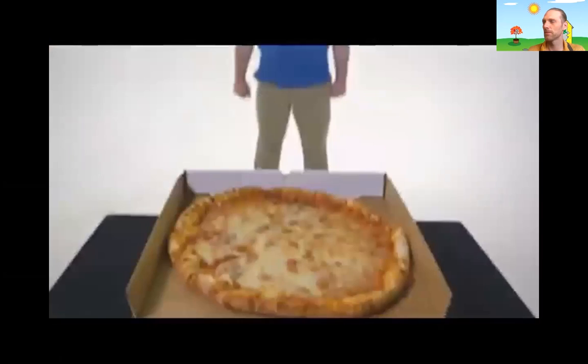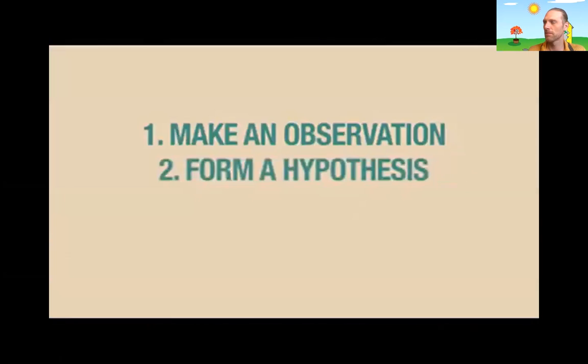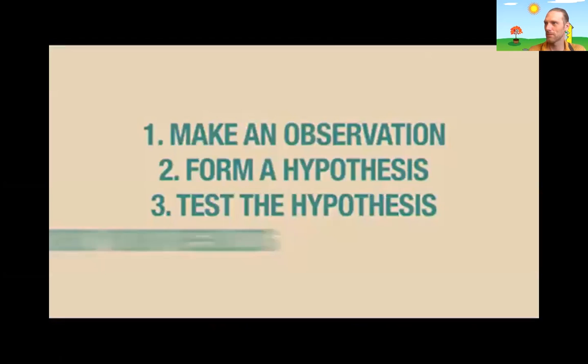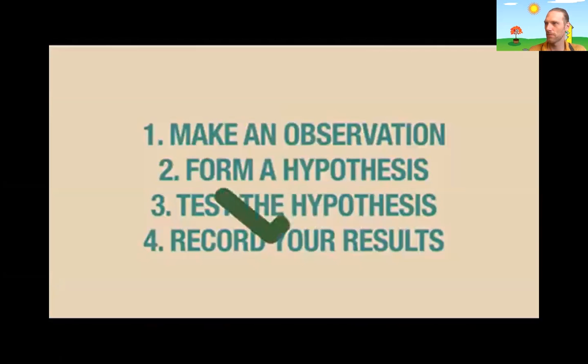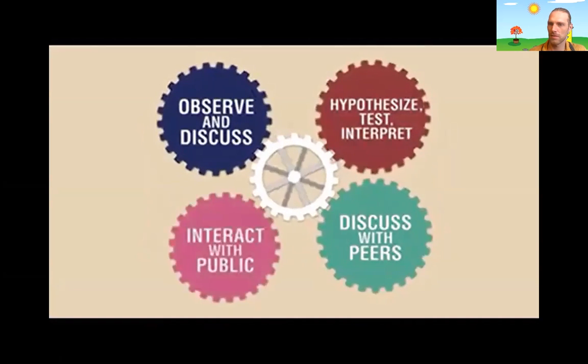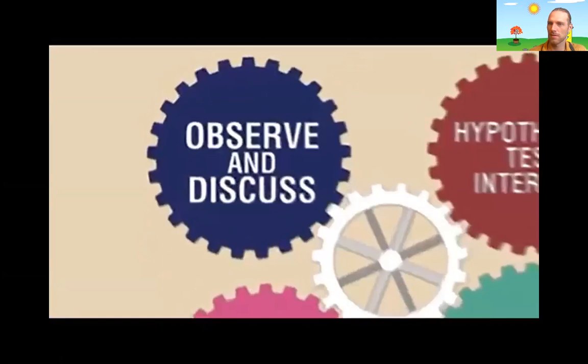The scientific method usually goes something like this. Make an observation. Hey, there's a pizza. Form a hypothesis. I bet that pizza is delicious. Test your hypothesis. I'm going to eat this pizza for science. Record your results. Hypothesis confirmed. And boom, science complete. But in reality, science is not a simple linear process. It's a dynamic, interactive process with several key areas that interact with each other.